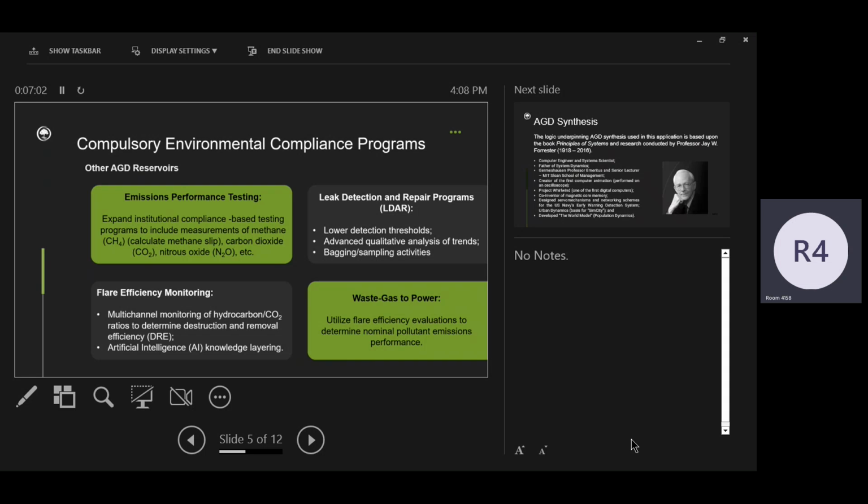Leak detection and repair program. This is more of a qualitative data analysis, looking for trends on leaking components. What do you see in your inventory that's consistent? What can you cycle out of your inventory? And then any sort of different samples. One of the things you can also do to supercharge your LDAR program is to lower detection thresholds to what I call ESG levels.